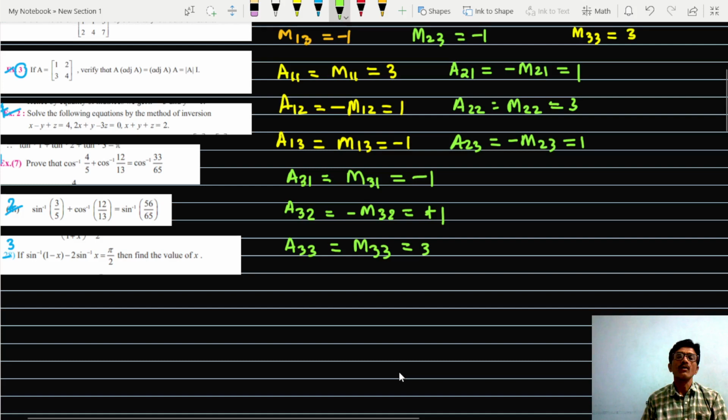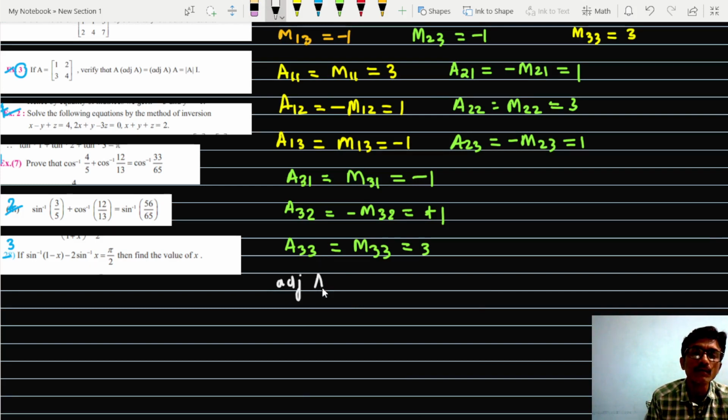After getting all cofactors, we find adjoint of a matrix. Adjoint of matrix is the transpose of the matrix of cofactors. So what are the cofactors?